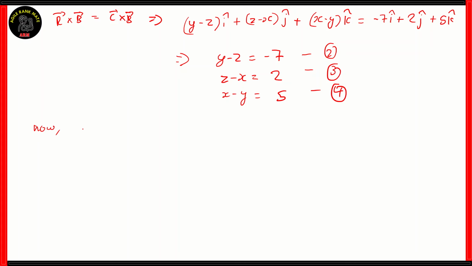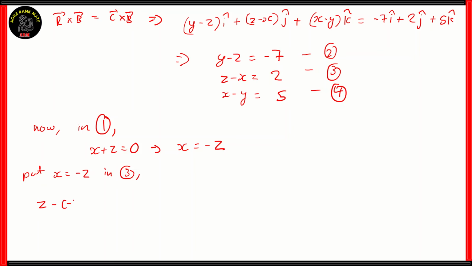Now, in equation 1, we know that x plus z equals 0. So therefore, x would be equal to minus z. We're going to put that value in equation 3. So what we're getting is z minus of minus z is 2. Z minus of minus z is the same thing as adding z to z, so therefore you get 2z equals 2, which means the value of z equals 1.